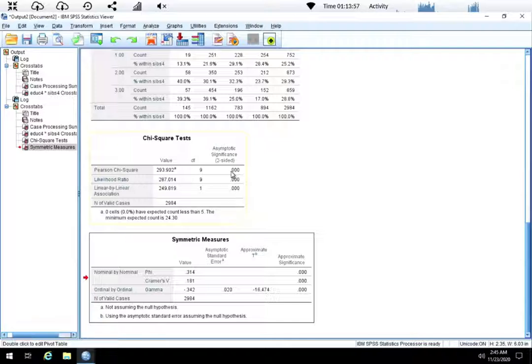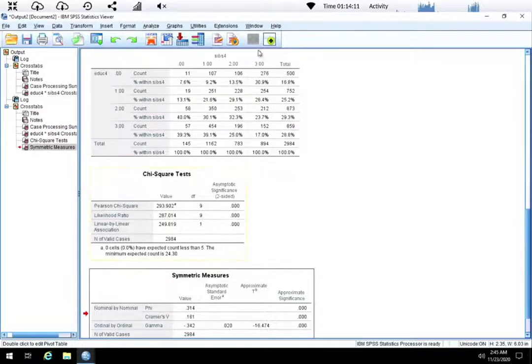We can look at this and see that it's statistically significant because it's less than 0.05. It's less than 0.001, in fact. It's very small. And given that it's statistically significant, we would say that these two variables are not independent from one another. So we would have evidence to reject the null hypothesis that these two variables are independent from one another.